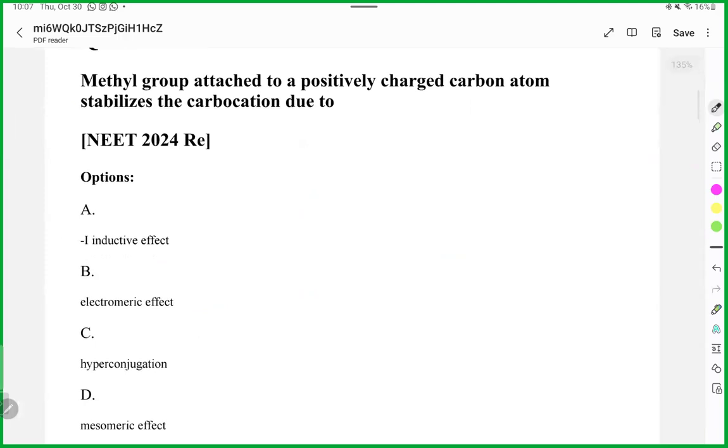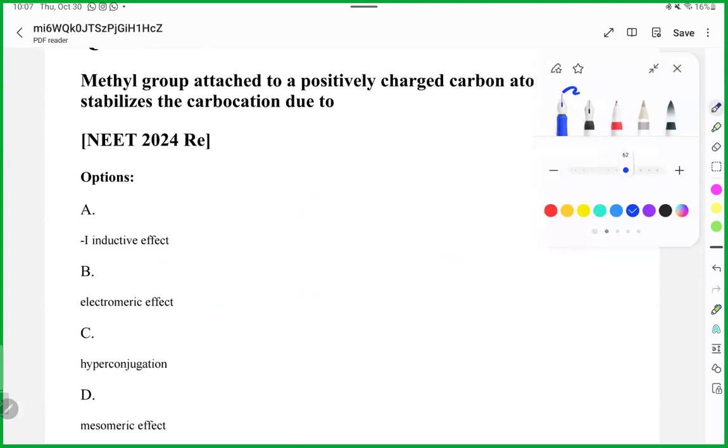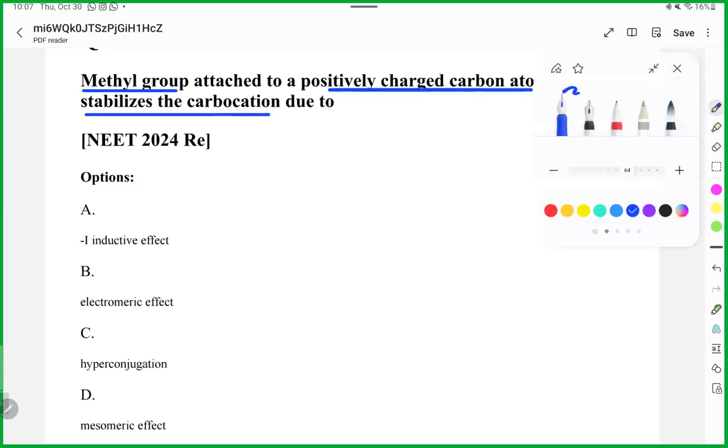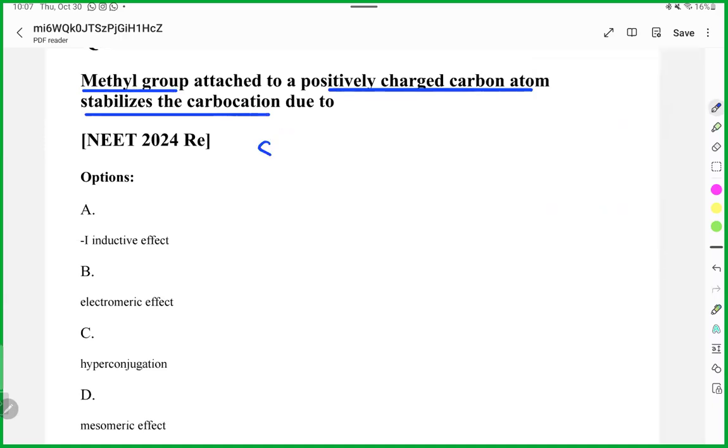Chandana, I'm ready for it. So, a methyl group attached to the positively charged carbon atom stabilizes the carbocation. What is the rule for carbocation stability? Chandana, stability of carbocation. Sir, alpha hydrogen.